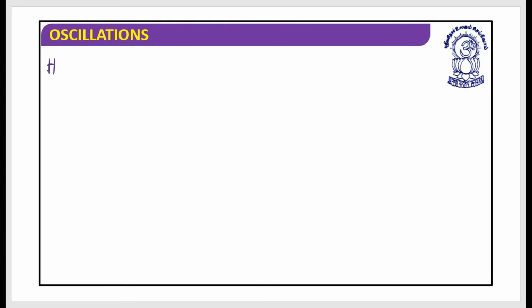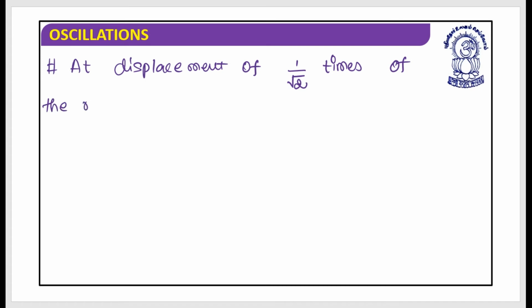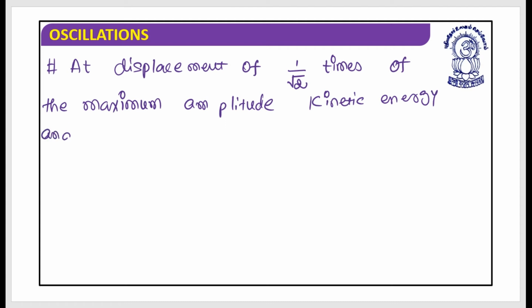So the situation will be that at a displacement of 1 by root 2 times of the maximum amplitude, kinetic energy and potential energy will be equal. I hope this is clear.